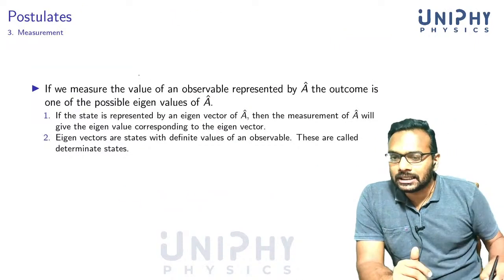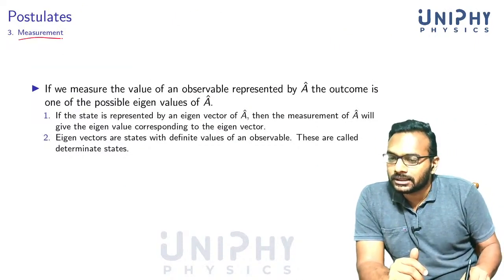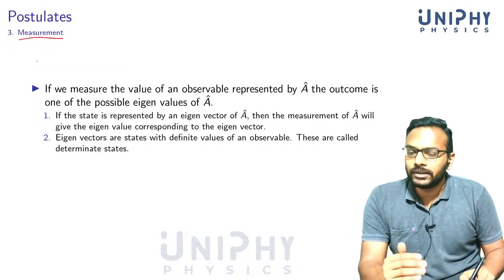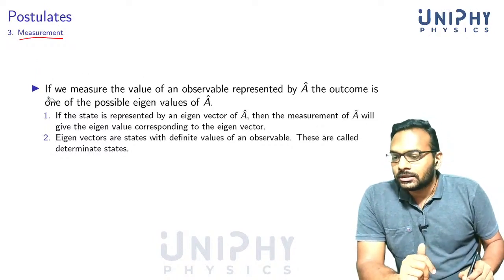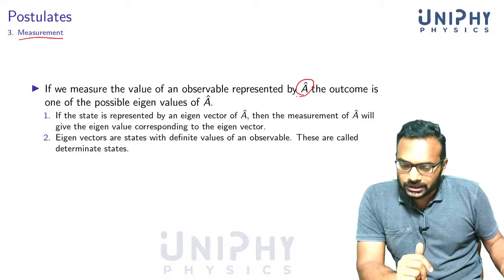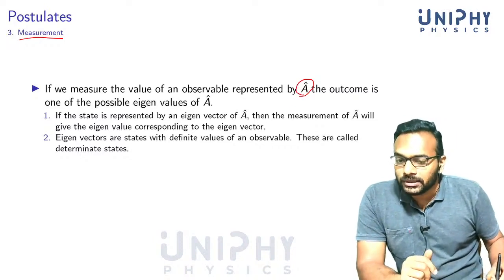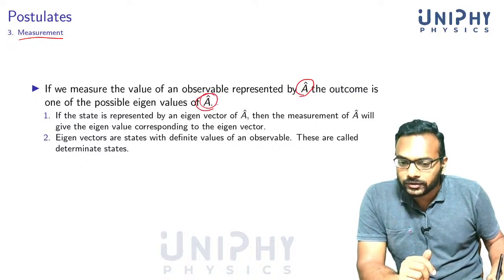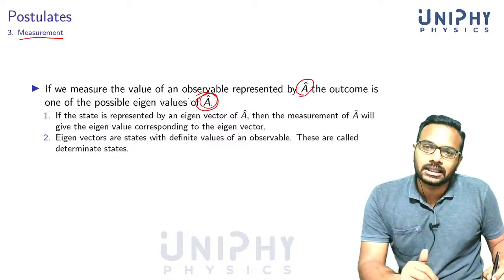And the third postulate is regarding measurement. We need all these postulates. If we measure the value of an observable represented by a Hermitian operator, the outcome is one of the possible eigenvalues of this operator. That's the postulate regarding measurement.